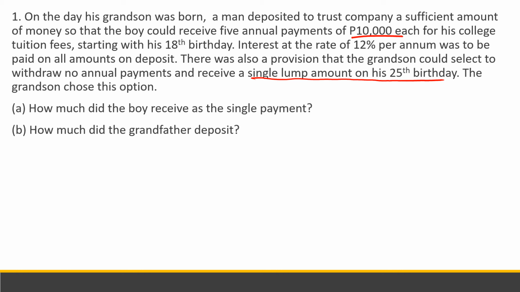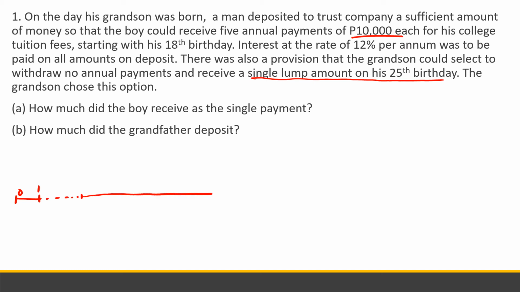So that is the option the grandson chose. So the question here is, how much did the boy receive as the single payment? And how much did the grandfather deposit? So, first we will draw the diagram. So, 0, 1. Since it is long, let us take a shortcut.